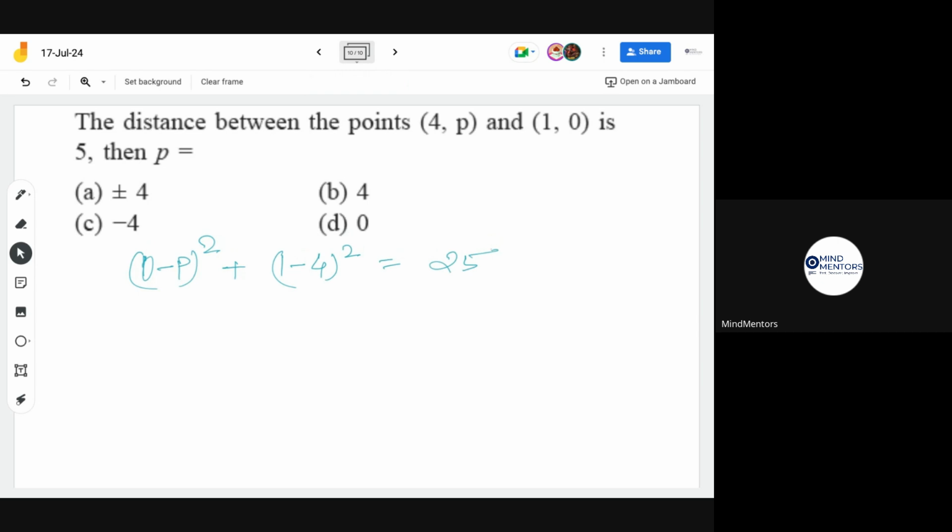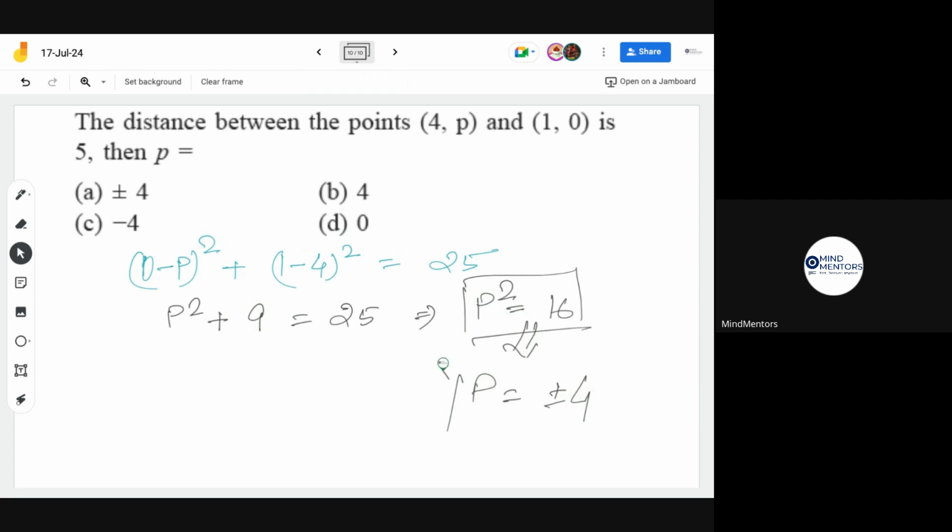So that gives me p square plus 9 equal to 25. That gives me p square is equal to 16, which when solved gives me p equal to plus minus 4. Right? Very simple solution.